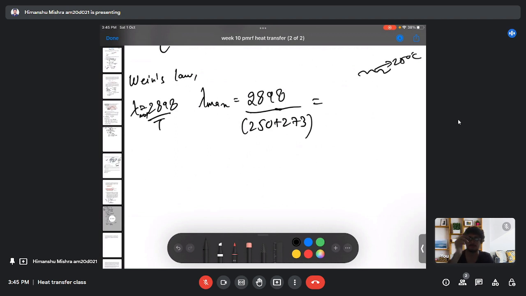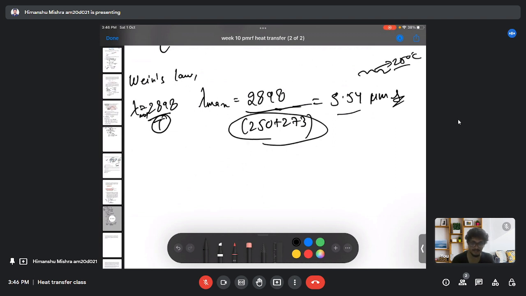So this is my maximum wavelength which a surface of temperature T can emit. So a surface with a temperature of 250 degrees Celsius can emit a wavelength of 5.54 micrometer.